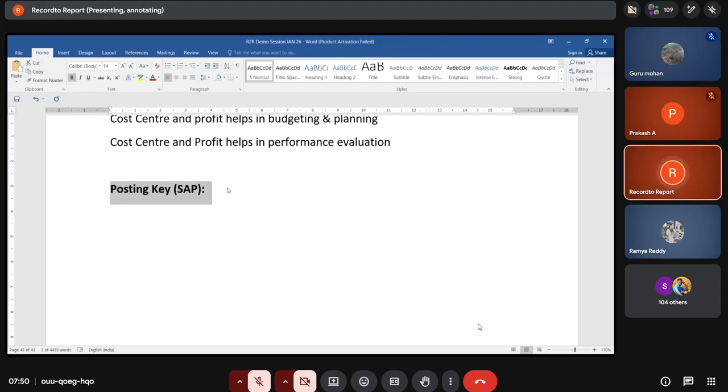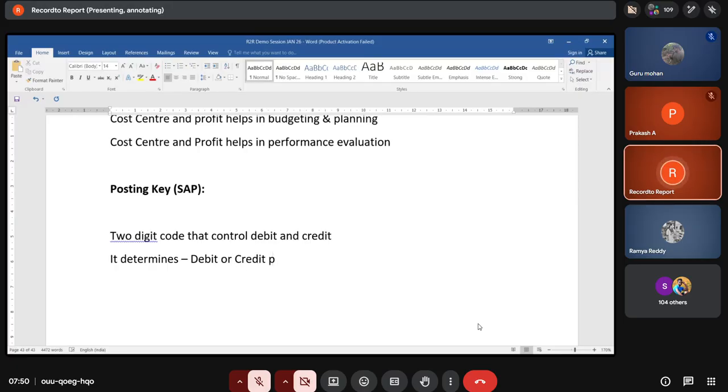So the posting key is a 2-digit code that controls the debit and credit. It determines the debit or credit posting.